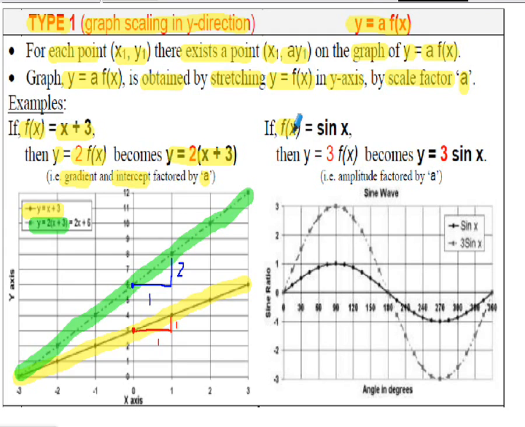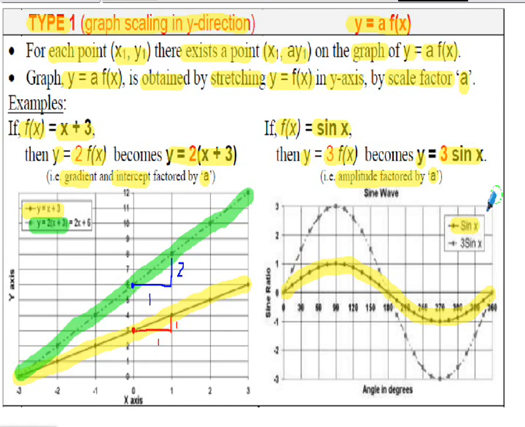If we consider the function of x equal to sine x, then y is equal to 3 multiplied by the function of x becomes y is equal to 3 multiplied by sine x. In this case, we will see that the amplitude is scaled by the constant a. On our graph, this is the sine x curve plotted here in yellow.